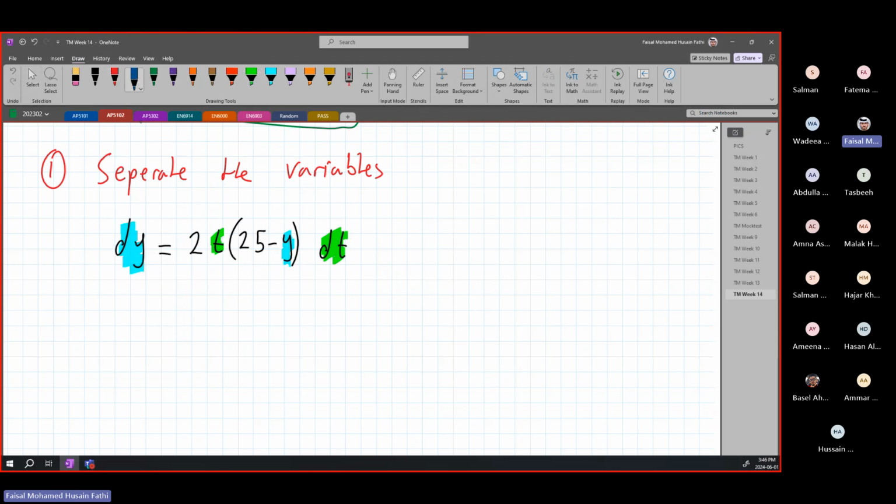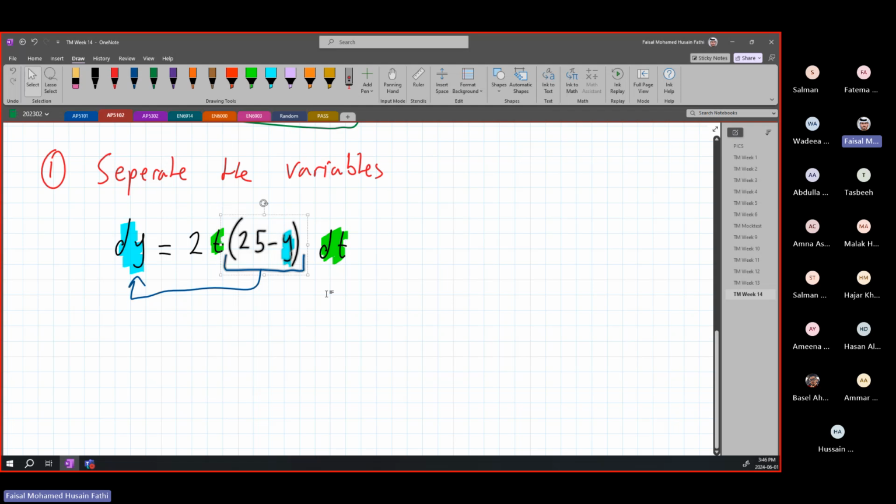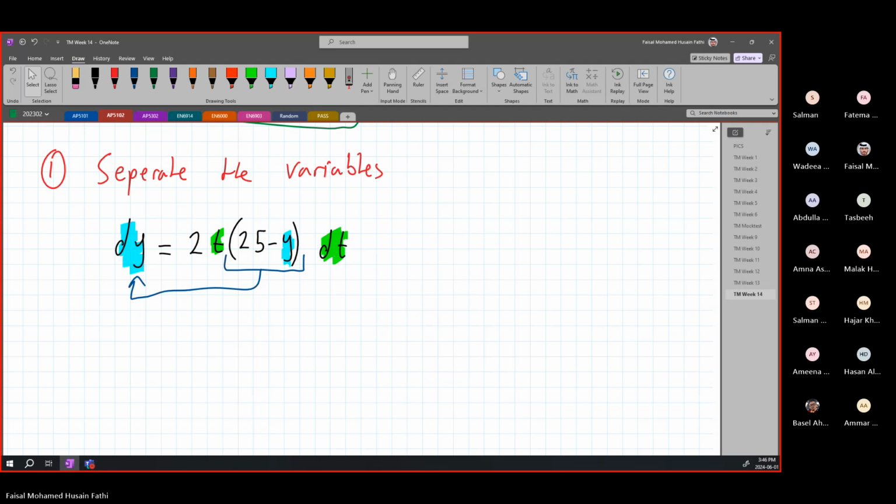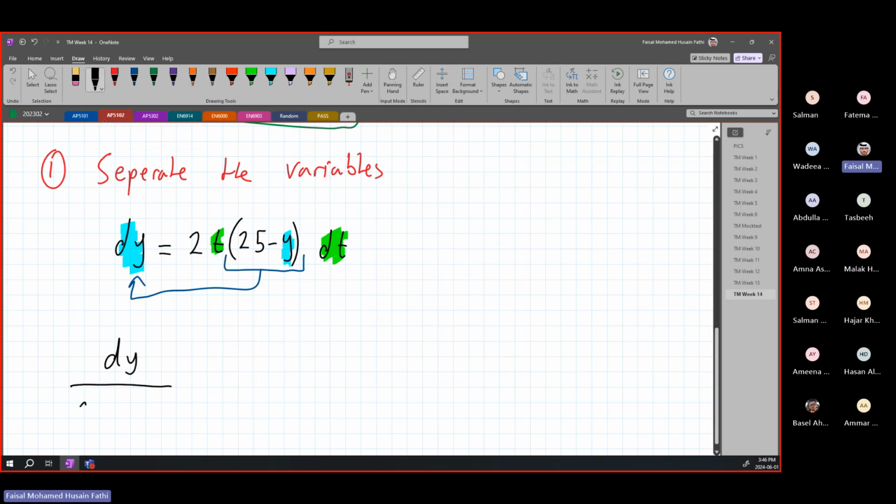So now what is left? We need to get this part to the other side. All right. This is what we need to do. We want to have our 25 minus y with our dy. Okay. So in other words, we are going to divide both sides by 25 minus y. So it is going to be dy over 25 minus y is equal to 2t times dt. If you notice here, now we have our dy with our y value.